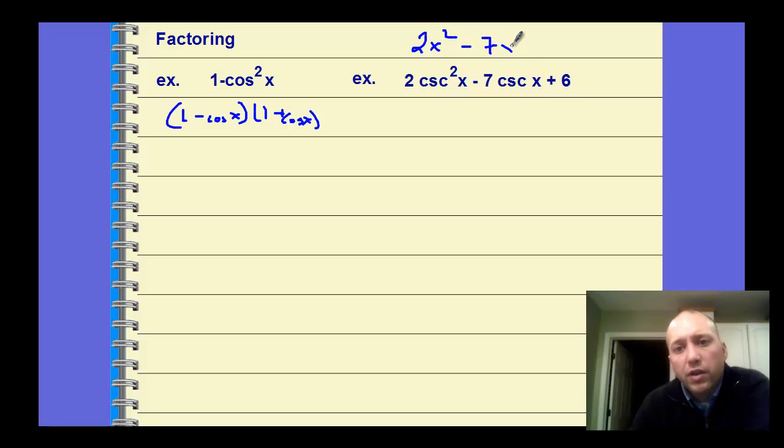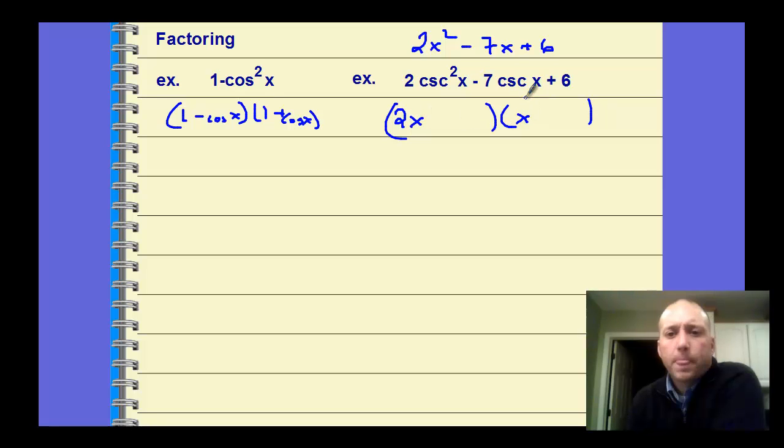If you factor this trinomial, this polynomial, it's the same as dealing with this trig trinomial, except that x is cosecant x. So if you want to factor the polynomial first and get the 2x and x, then for the signs, we know they have to be a negative and a negative because they multiply to be positive and add to be negative. And then we're trying to figure out the outer and inner.